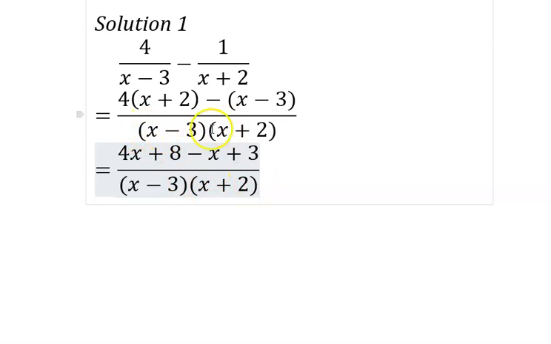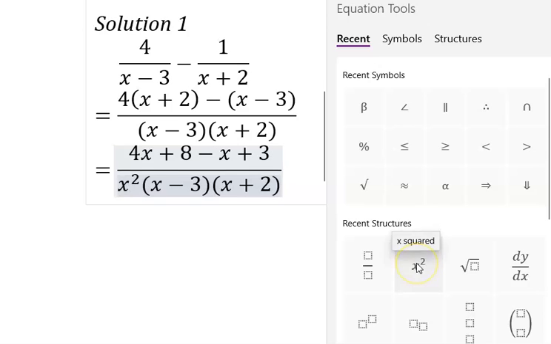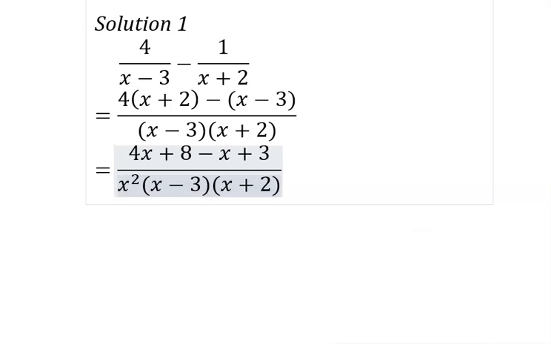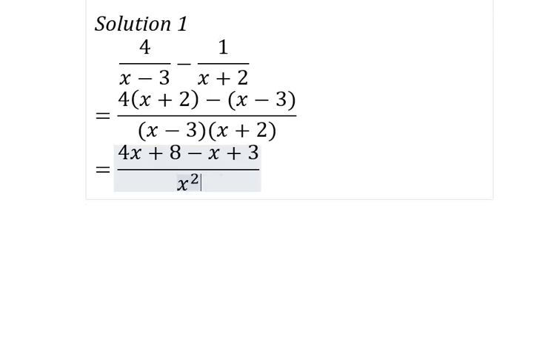x times x gives us x squared. Beautiful. So x times x will give us x squared. x times 2 here will give us 2x.